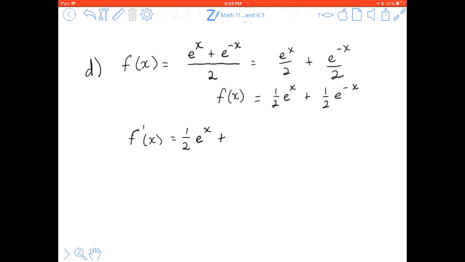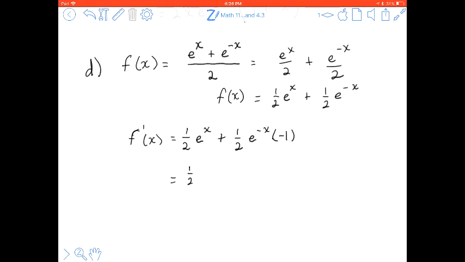Now, moving on to the second term here, 1/2 again is a coefficient, and then the derivative of e to the negative x is e to the negative x, but this is a chain rule since we have an inside function, negative x, so we need to multiply that now by the derivative of the inside function, negative x. The derivative of negative x is -1.